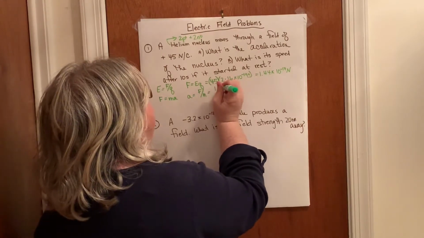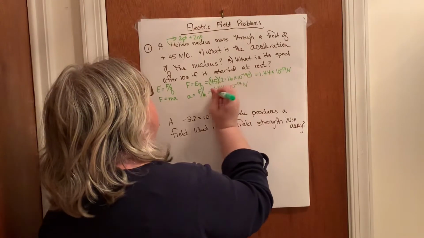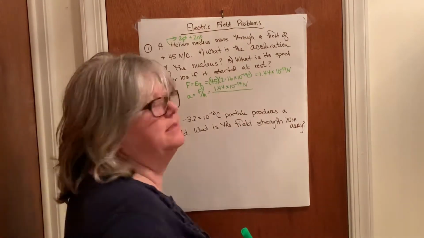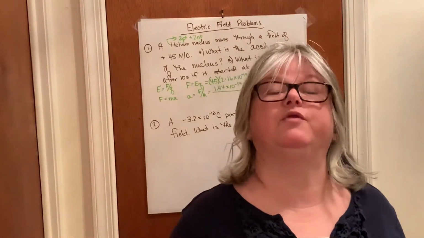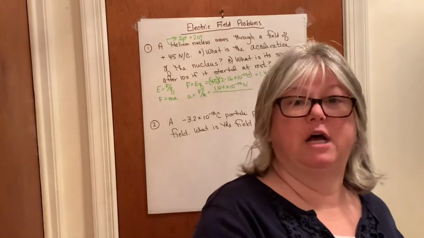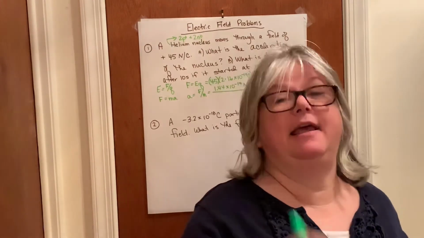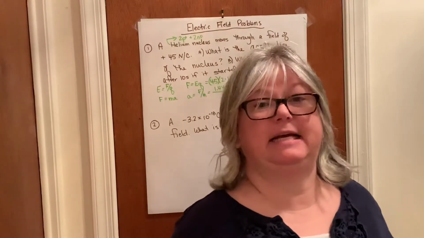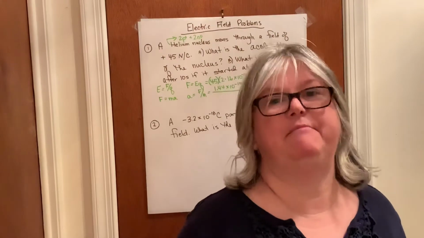So 1.44 times 10 to the negative 17th divided by the mass. The mass of my helium nucleus comes from both my protons and my neutrons. If you look at the formula sheet, you'll see that protons and neutrons have the same mass.